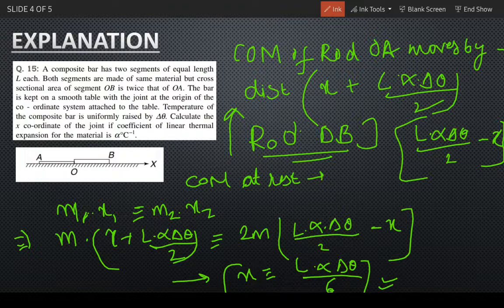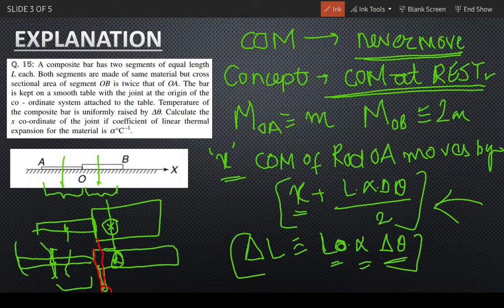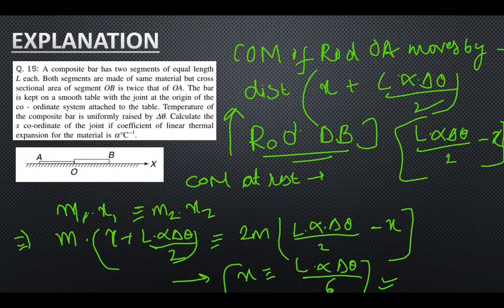So finally we have found the value of x, that is the distance moved over here, which you can see clearly in the red ink. We need to calculate the x coordinate of the joint if the coefficient of linear expansion is this. So the two vertical lines show the initial and final position of the joint. The initial position is this and final position is this. So the distance between them is x, and we have also calculated x over here.